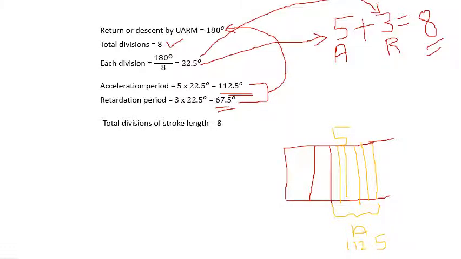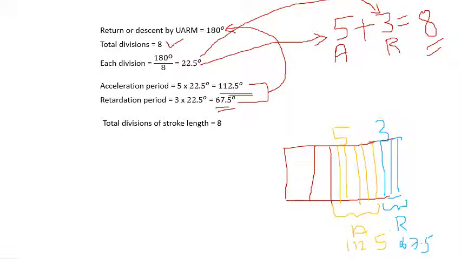I will use another color. These 3 divisions are nothing but the retardation period, 67.5 degree. So in total there are 8 divisions.